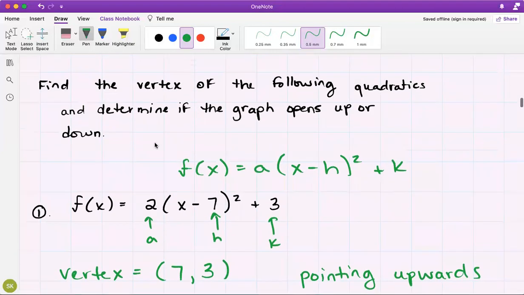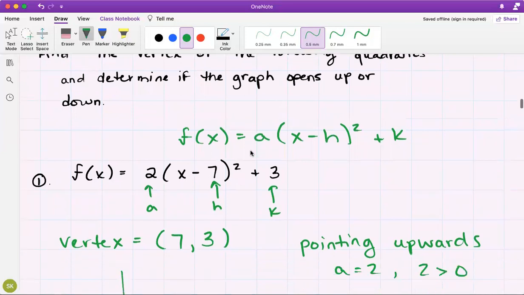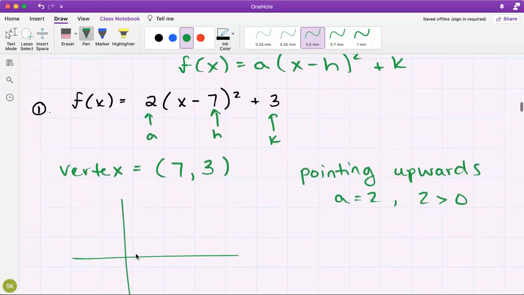It didn't say graph this, but I want to give you an idea of what we're doing here. So we can go over 7, 1, 2, 3, 4, 5, 6, 7, go up 3, and put a dot here. And because we're pointing upwards, now I'm going to sketch the graph. So it's not going to be perfect, but for this x value, you can put a line right here.